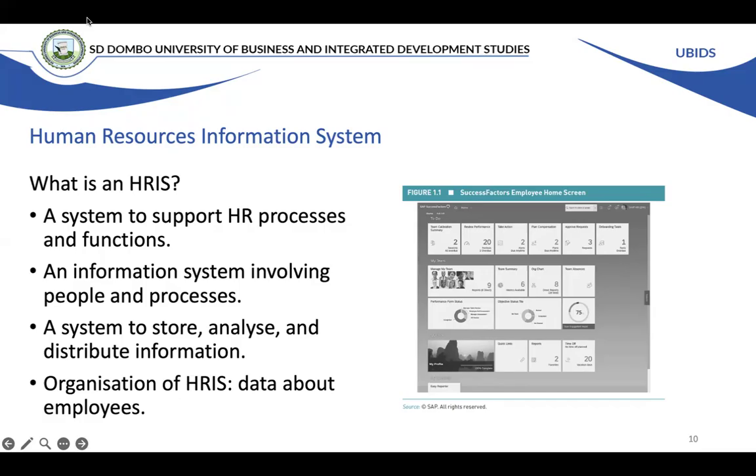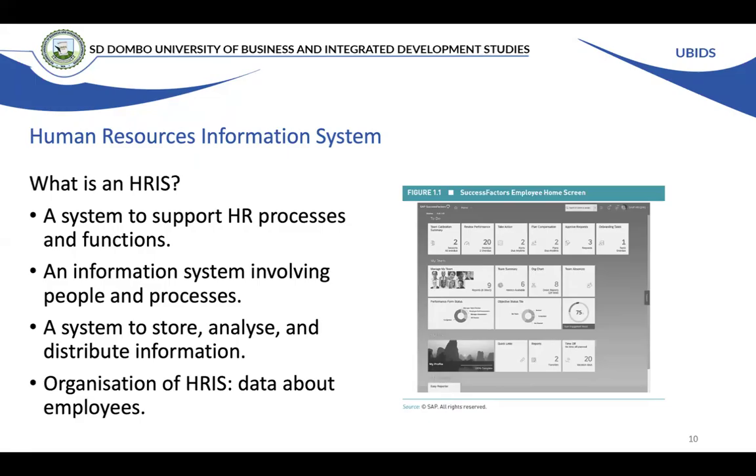Yes, so we are saying that every IS involves people and processes. People who need to control the system, people who need to use the system, people who need to get maximum benefit from the use of the system. Also, we have a system being a repository to store whatever data we want it to store. That's because we store a lot of data when it comes to HRIS.